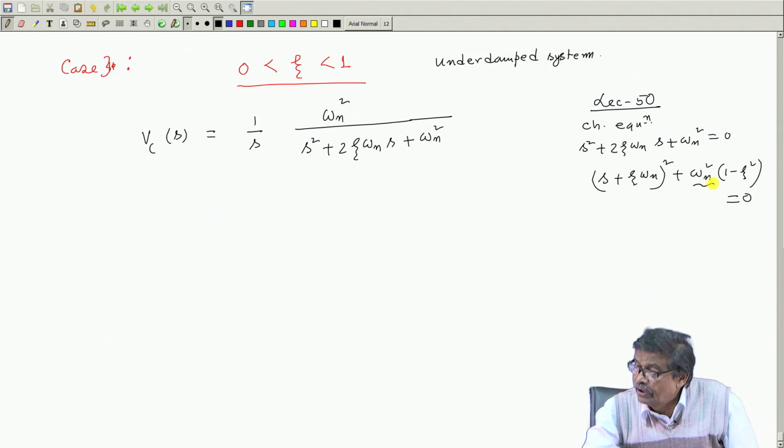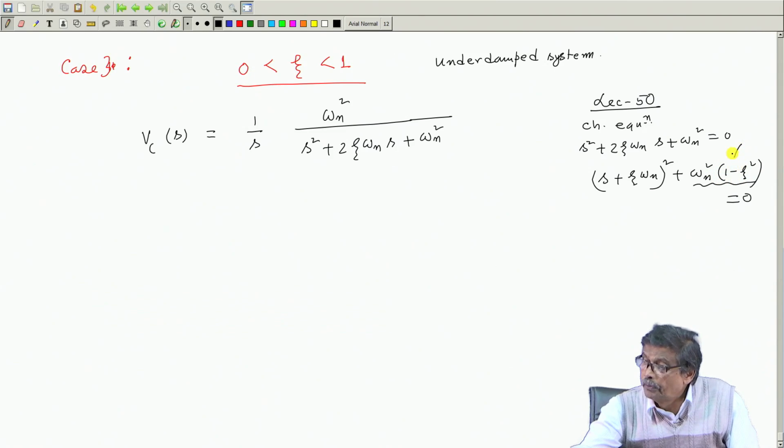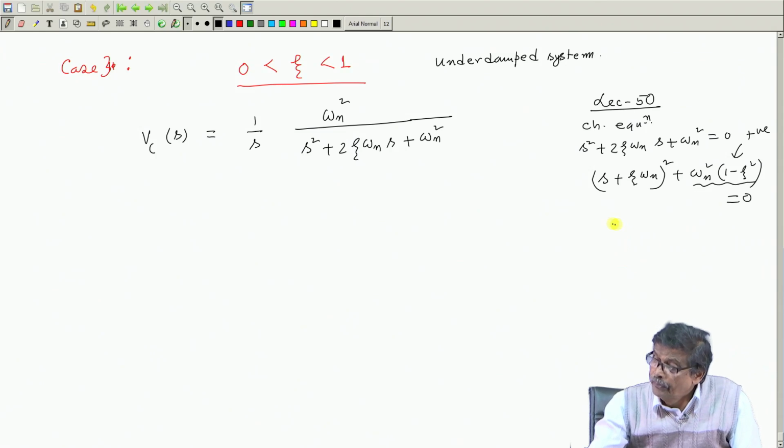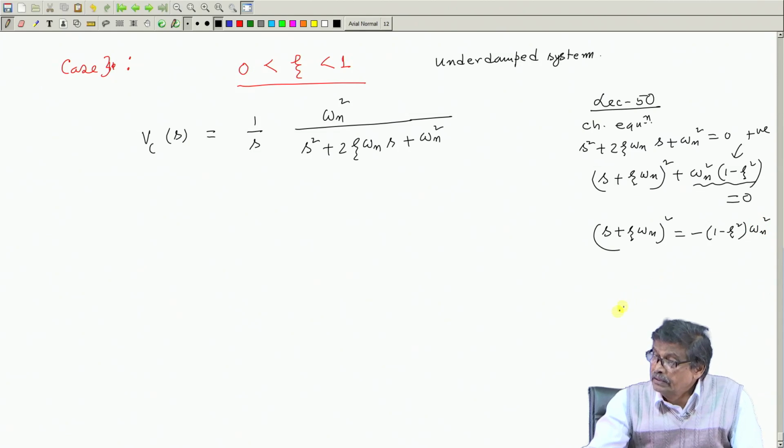Mind you, omega_n square into (1 minus zeta square) is a positive number. Therefore, (s plus zeta omega_n) whole square is minus of (1 minus zeta square) into omega_n square.